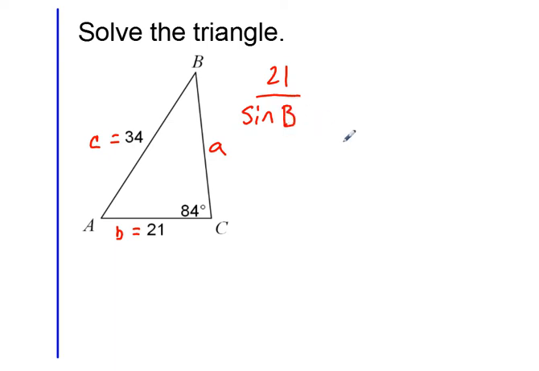So the sine of B. And this will be equal to the pair of angle and sides that we do know for certain. And that would be the side of 34 across from the angle of 84, our C's. So 34 divided by the sine of 84. So just like in the last problem, we're going to multiply by what's being divided right here.